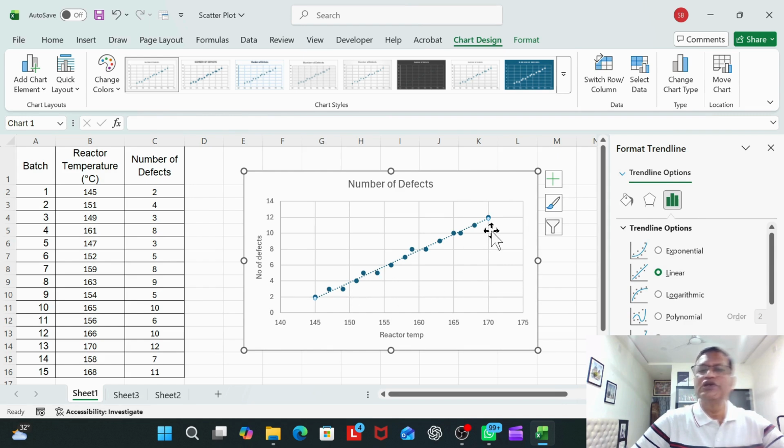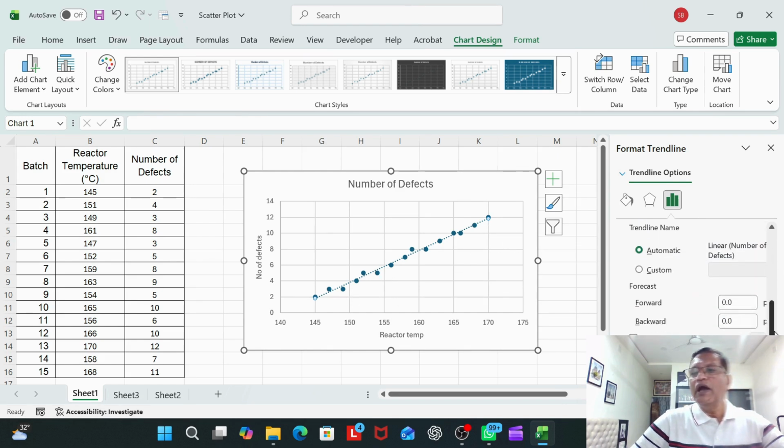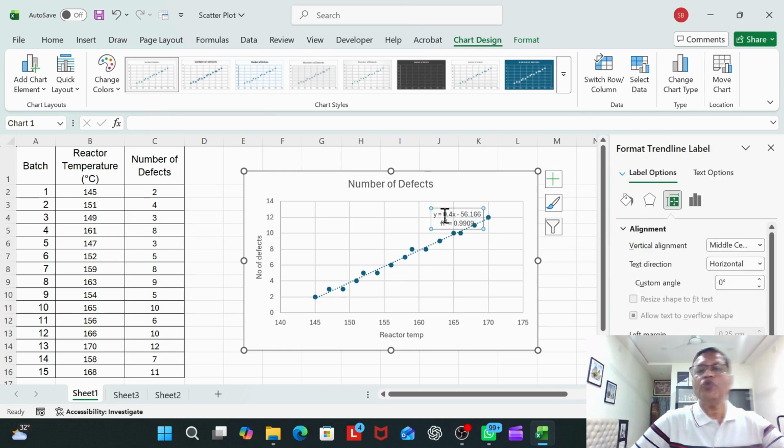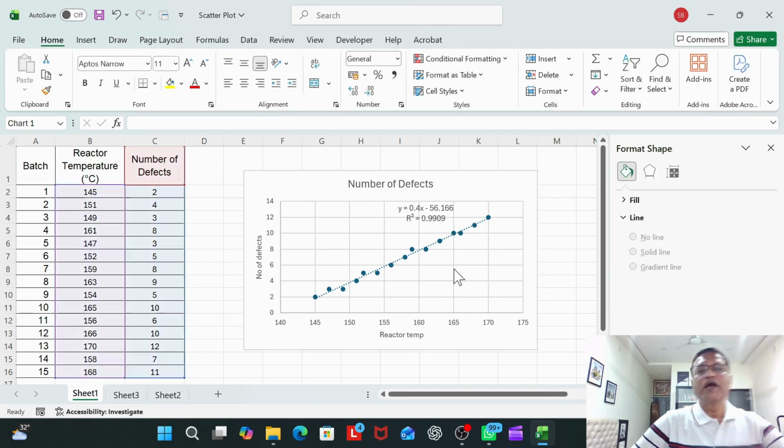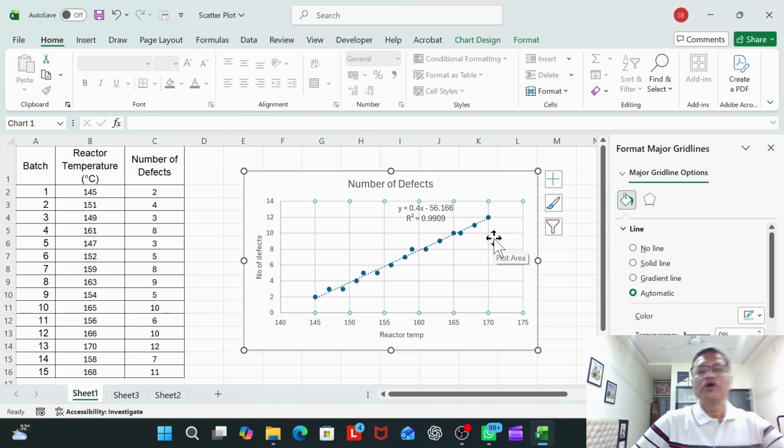In this case it's a linear relationship, so I have used a linear one, and asked it to display equation and display R square. So we will also get the equation and R square, and that way you have a scatter plot ready for interpretation.